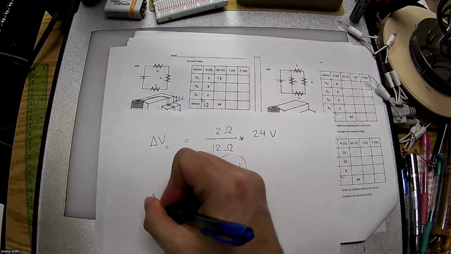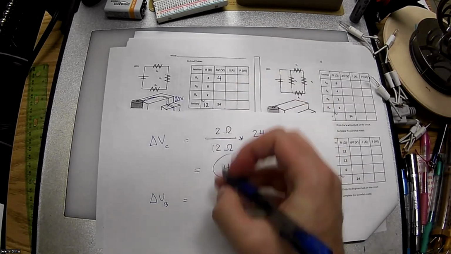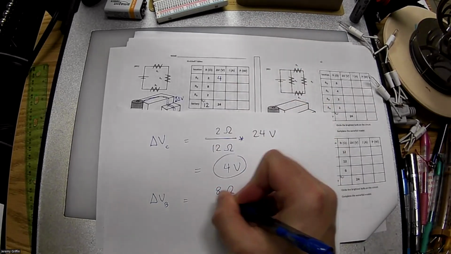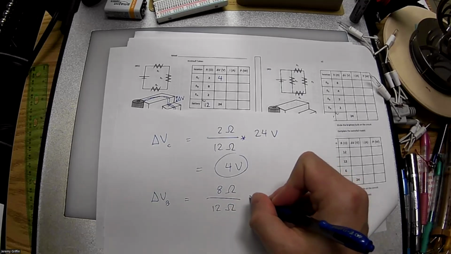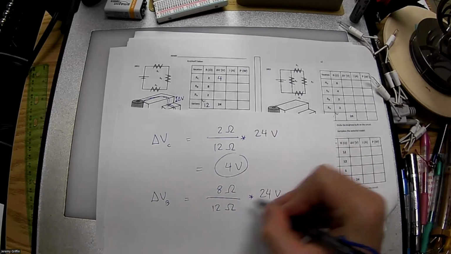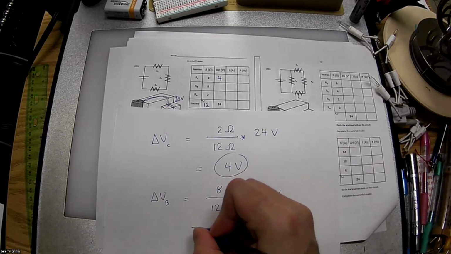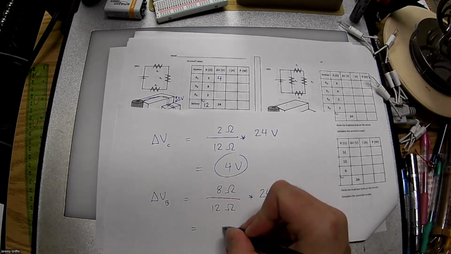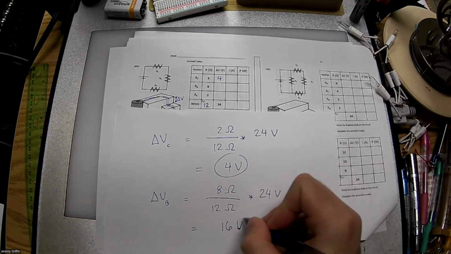Next one, the voltage drop across B is, okay, well, I see that's 8 ohms right there. There's 12 ohms on that branch, so that's my ratio, and then 24 volts total. Guys, what is 8/12 of 24? 16 volts.